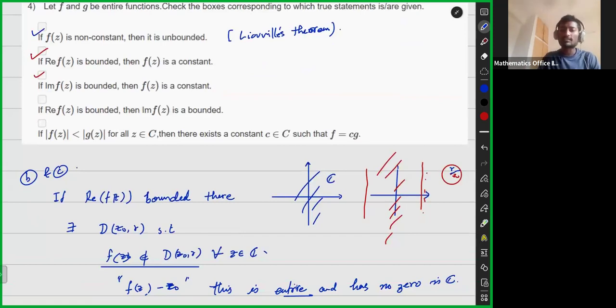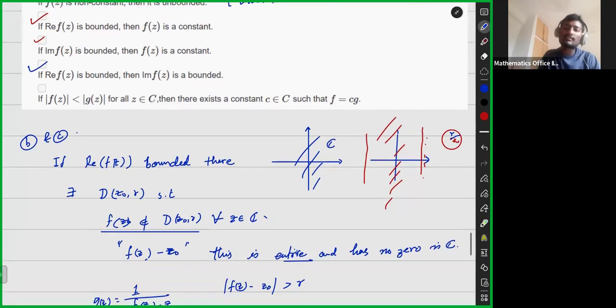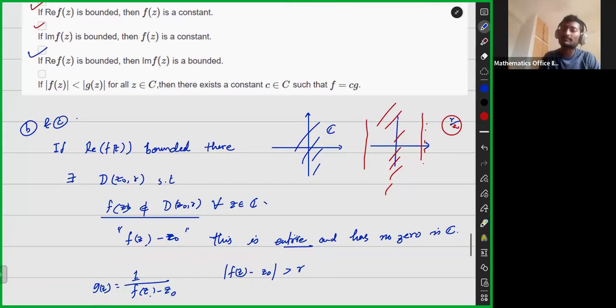If the real part of f is bounded, then the imaginary part is also bounded, right? Because if the real part is bounded, then it becomes a constant function, and once it is constant, the imaginary part is a single number, so it is bounded.